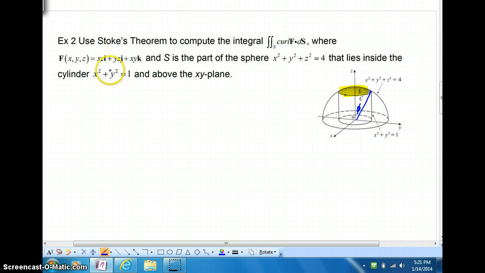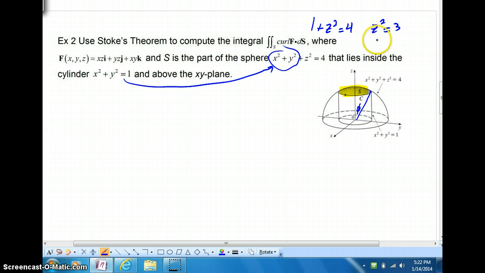We'd be converting to spherical coordinates. But look, if I had x squared plus y squared equal to 1, I can substitute that in right here and immediately say that 1 plus z squared would equal 4, and then z squared would equal 3. Of course, I'm above the xy plane, so z would equal the positive square root of 3. Now you might realize that z is equal to rho cosine of phi.